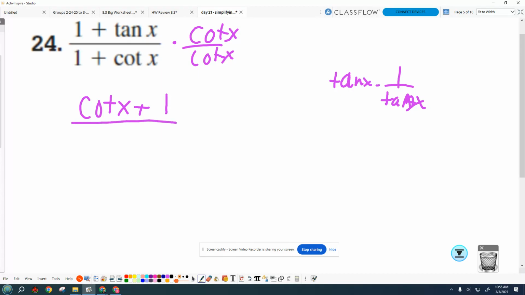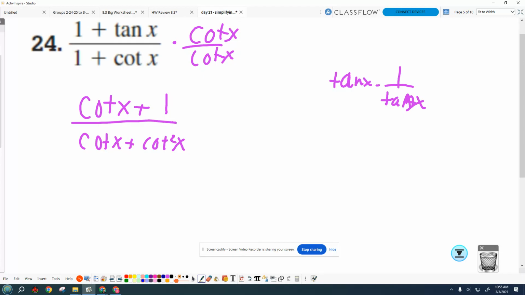And then if I multiply down here, okay. It's yucky, but it is cleaner.